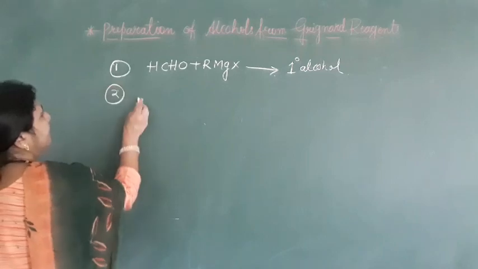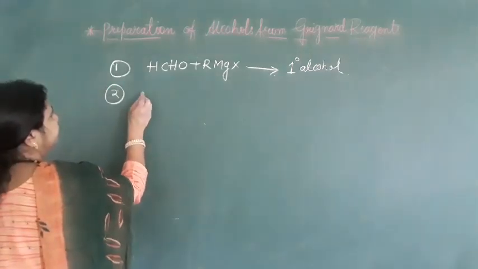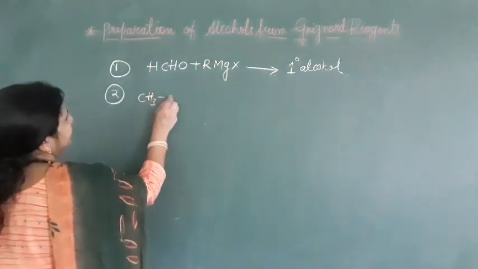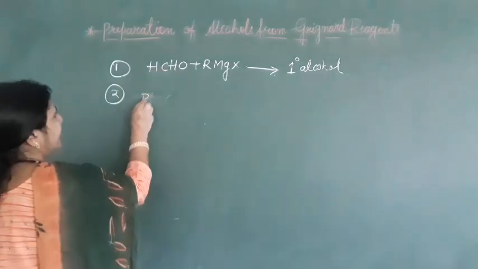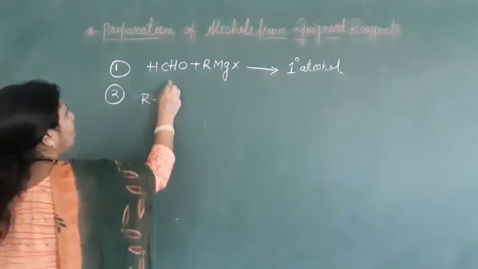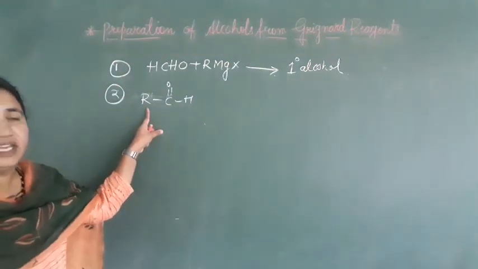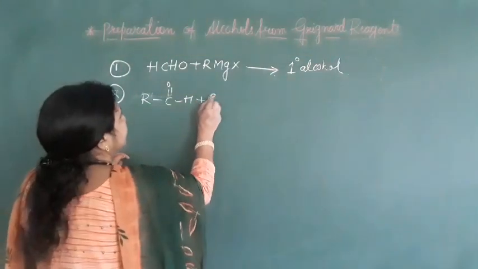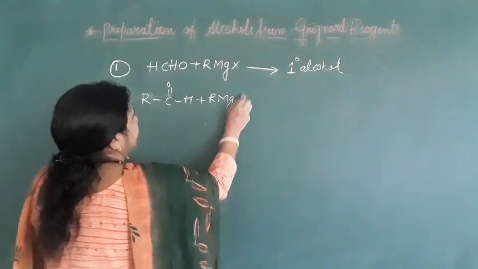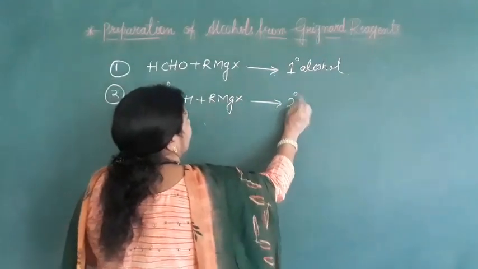Second, if any other aldehyde, RCHO, where R means any other aldehyde we can take, plus RMgX, here we are getting a secondary alcohol.